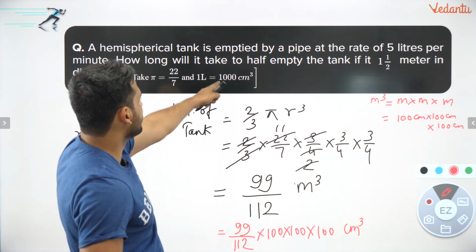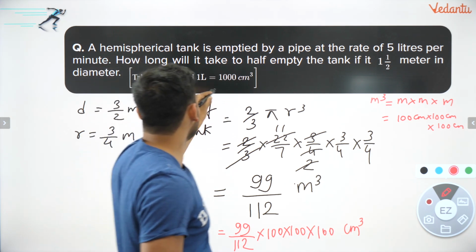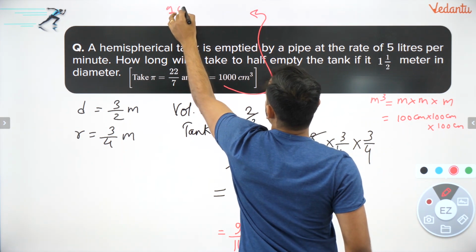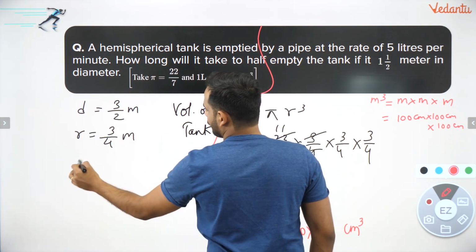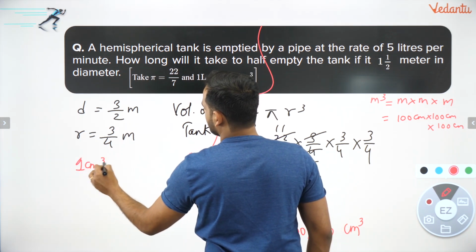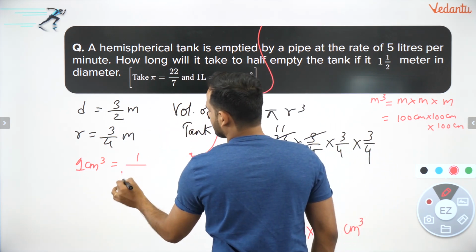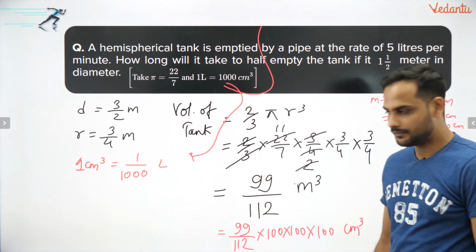We have told that 1000 centimeter cube is 1 liter. So that means 1 centimeter cube is equal to 1 by 1000 liter.